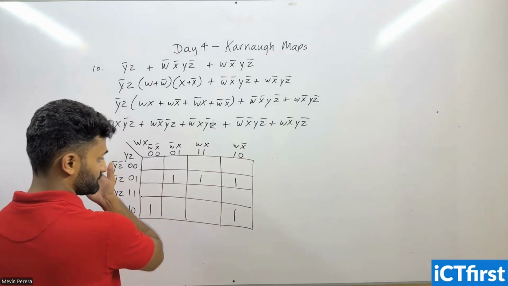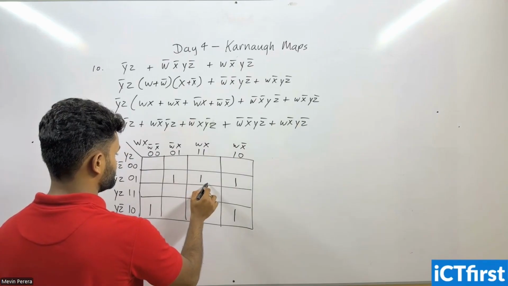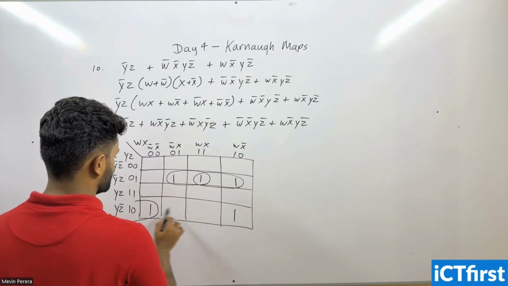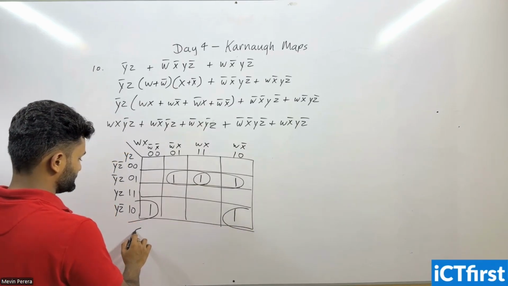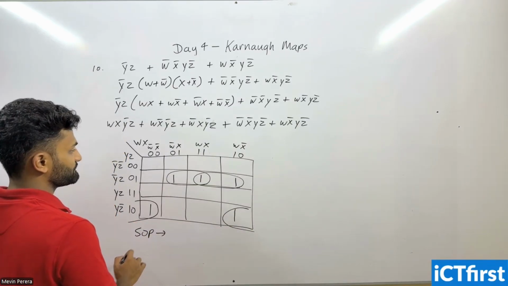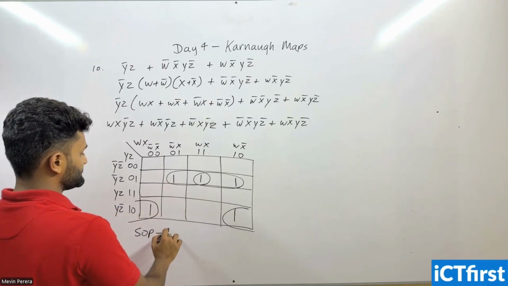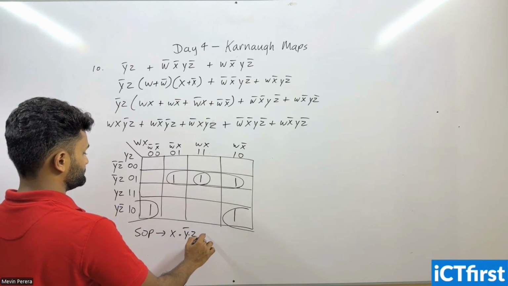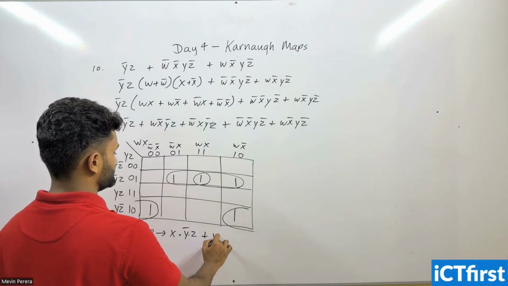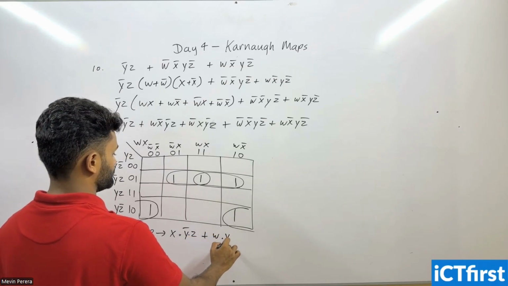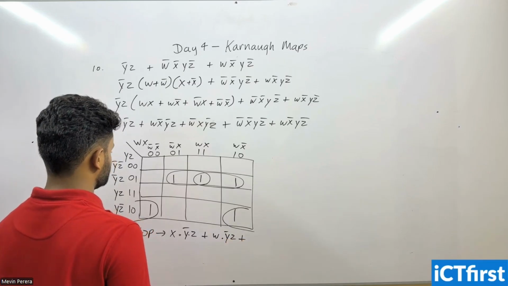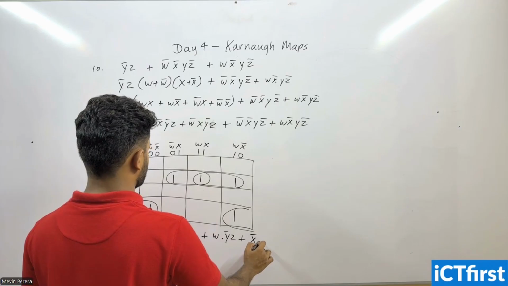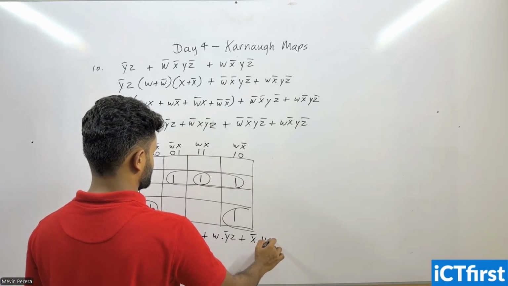Okay. So how can we group them? This one, and then you got a similar one in here. So the SOP expression is, the common one is X dot Y bar Z plus W dot Y bar Z plus X bar dot YZ bar.